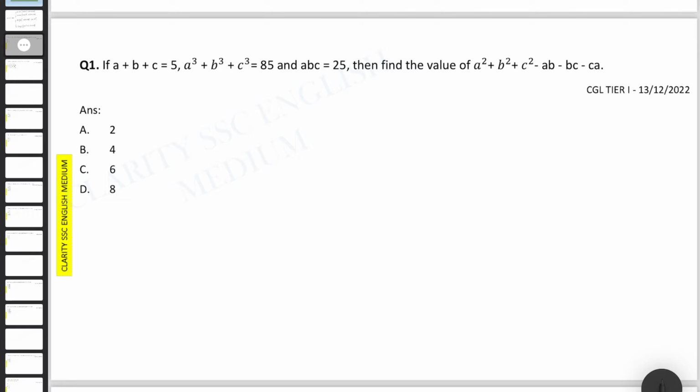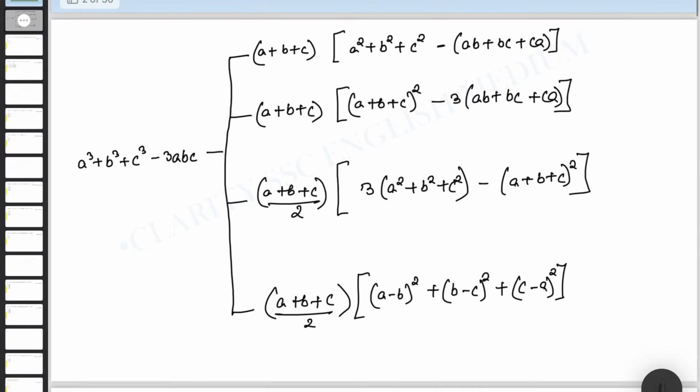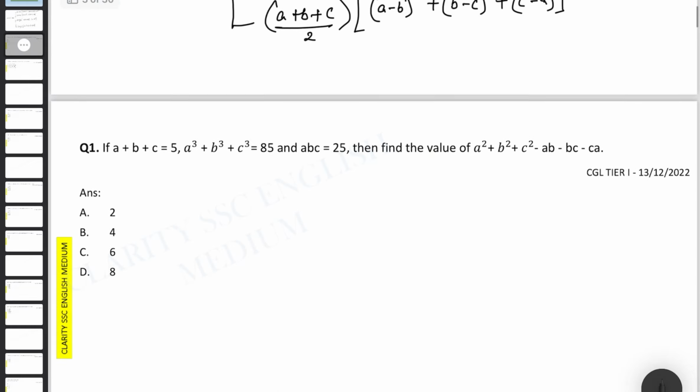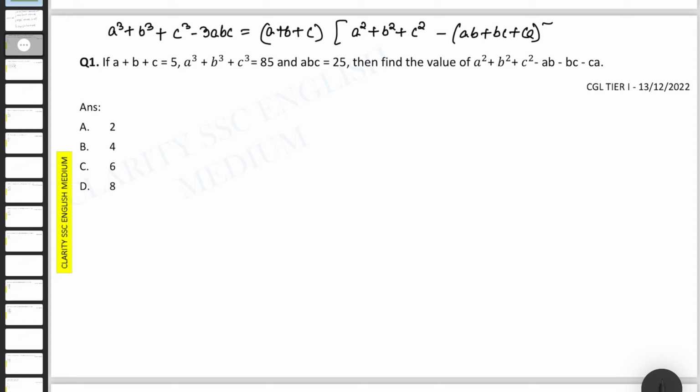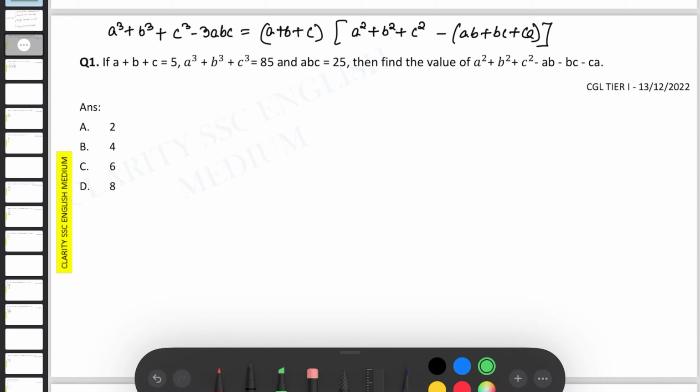This is the first formula that we have just discussed. I will write it here. The first formula: a cube plus b cube plus c cube minus thrice abc is equal to a plus b plus c into a square plus b square plus c square minus ab plus bc plus ca.